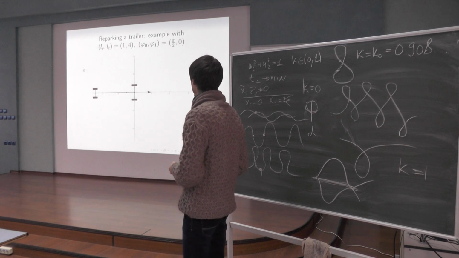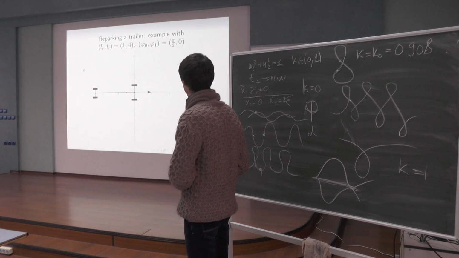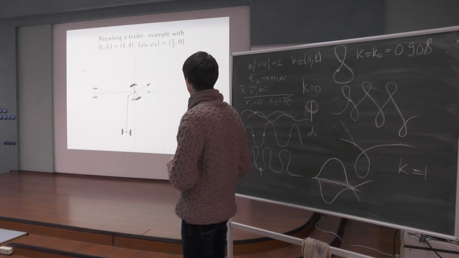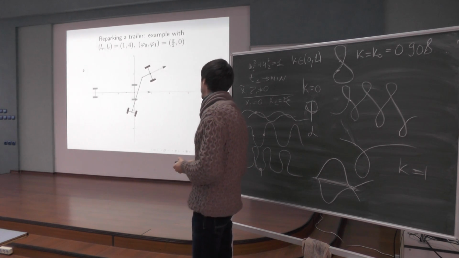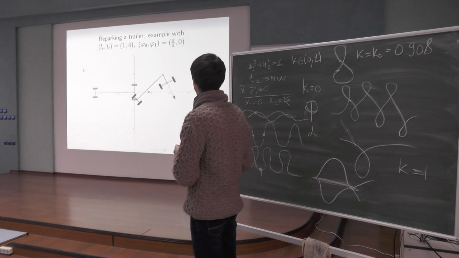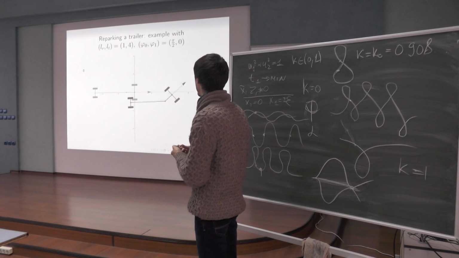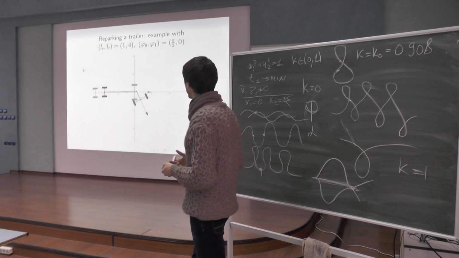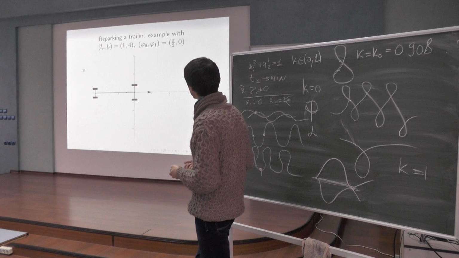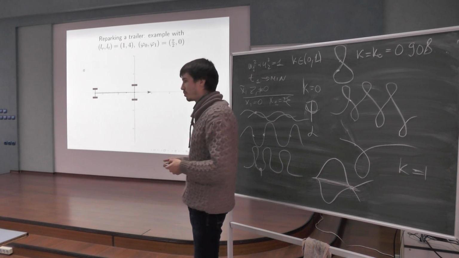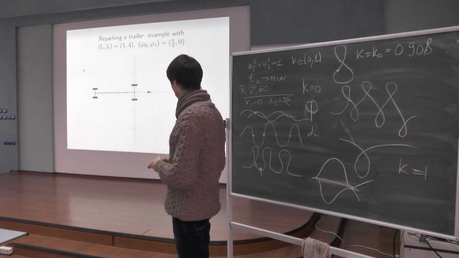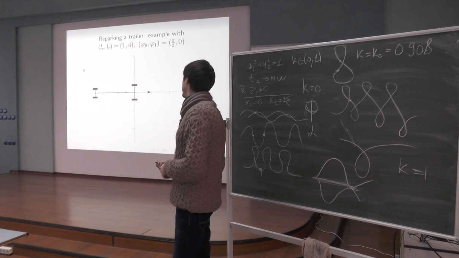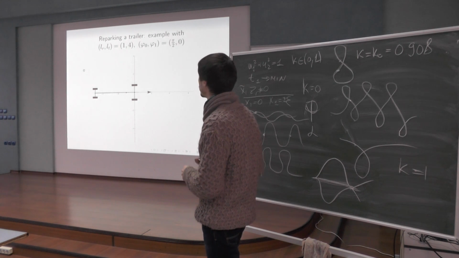So here you can see a movie for reparking the trailer. We have to repark the trailer to this shadow position, and the algorithm which I developed solves this problem quite fine, with almost no errors.